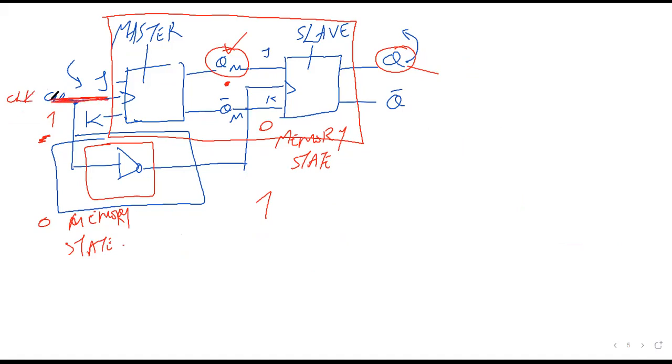So when the clock is 1 here, we have the toggling effect on QM. But when the clock is 1 here, we have 0 here, and we have the memory state for Q. Vice versa, when the clock is 0 here is the memory state. The other way is the toggle.